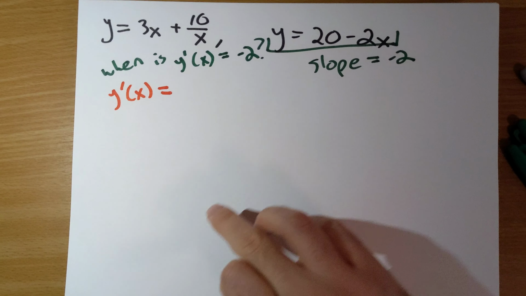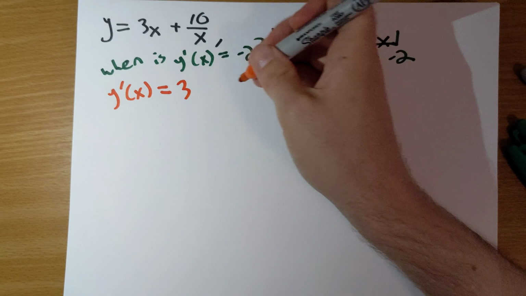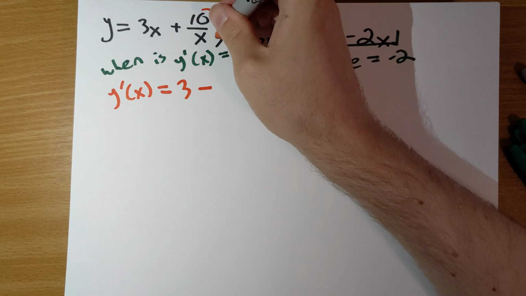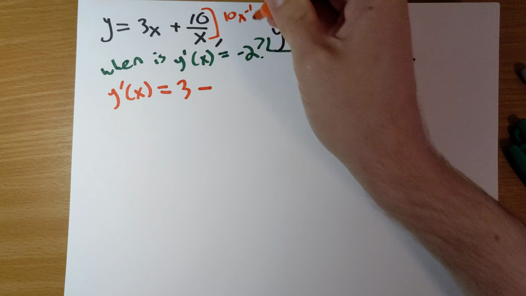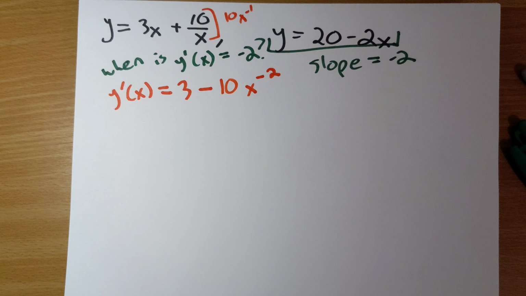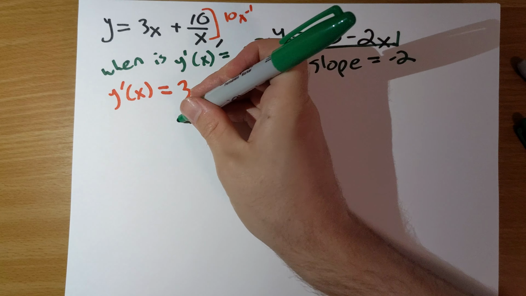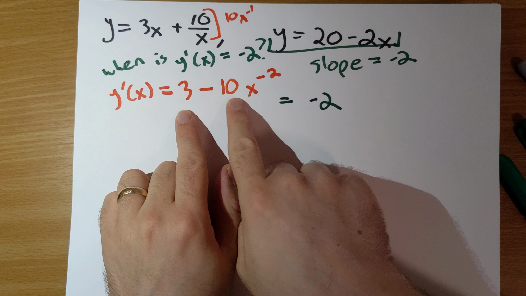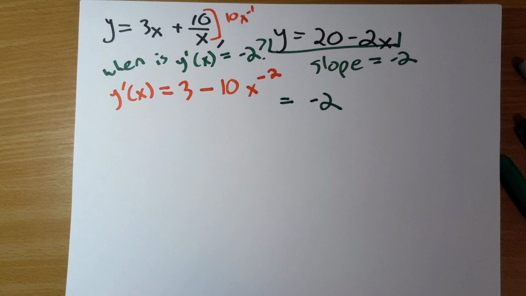So y prime of x is going to be 3 plus the derivative of 10 over x, that is 10 times x to the -1, so that's minus 10 times x to the -2. And so we want this to equal -2. And so 3 minus 10 times x to the -2 equals -2.